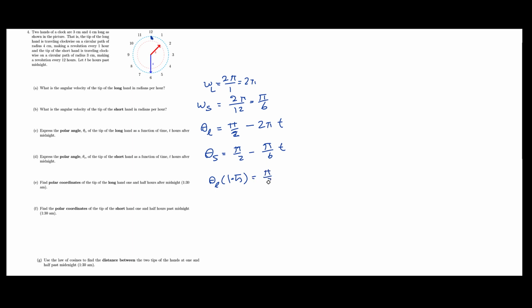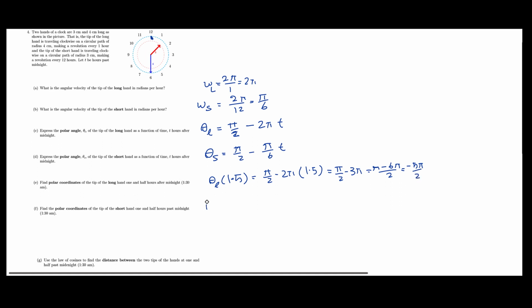I plug in, and that makes it a 3, so it's pi half minus 3 pi. With a common denominator, it makes it pi minus 6 pi over 2, which is negative pi half.